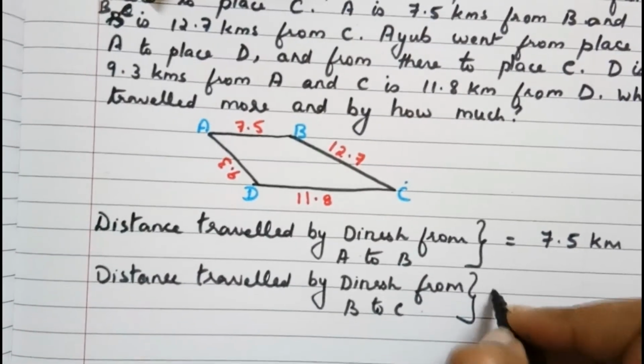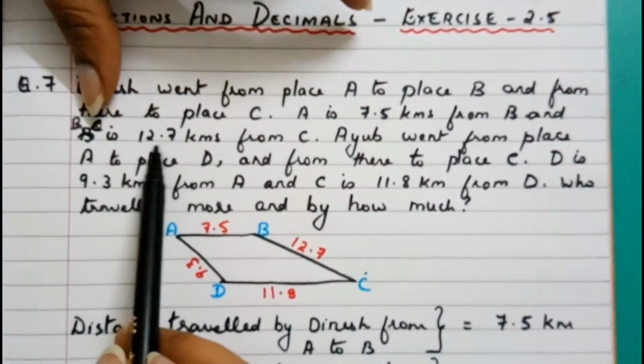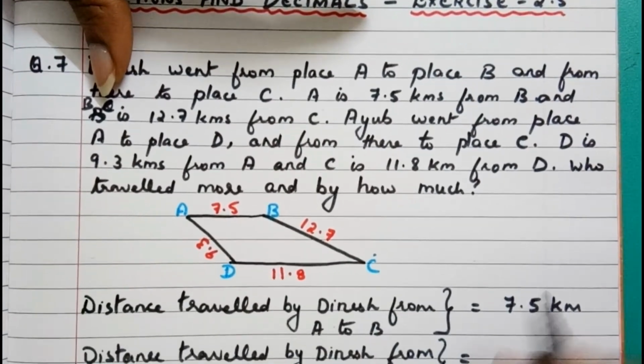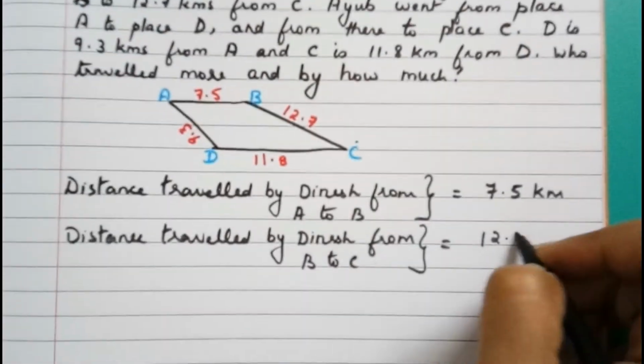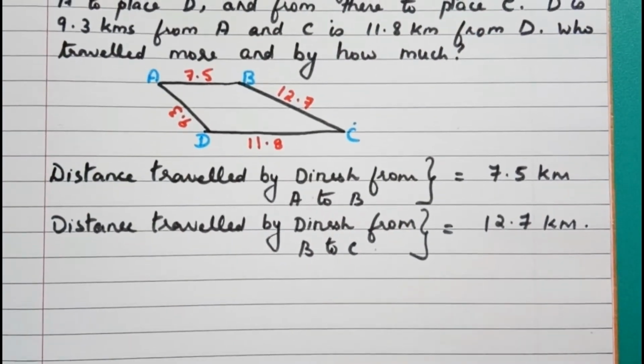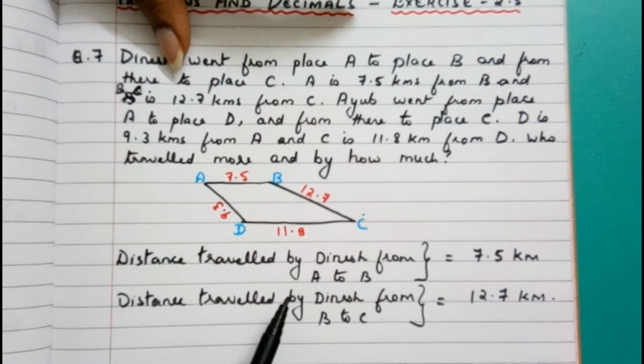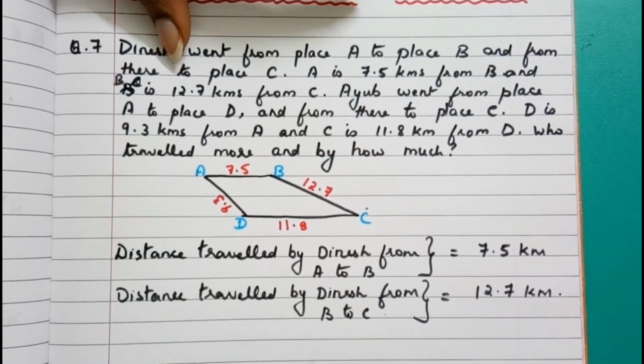So what is the distance travelled by him from B to C? The distance from B to C is 12.7 kilometers. So he travelled 12.7 kilometers. Clear?